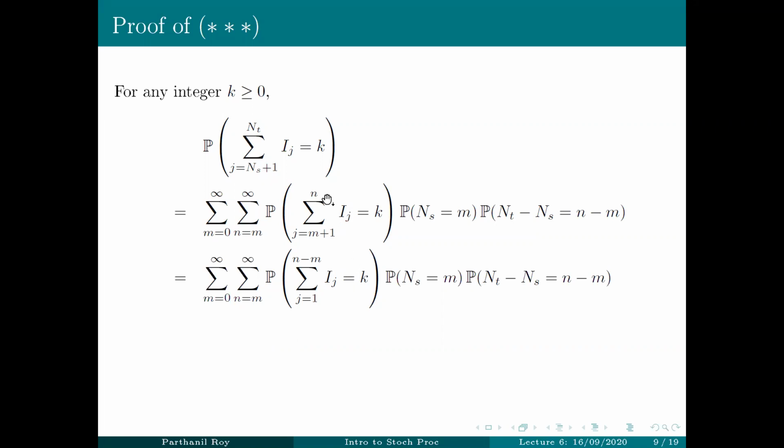They're not the same random variables, but they have the same distribution, because both are sums of n minus m many IID Bernoulli(p)'s. So in particular, these two probabilities are the same for every non-negative integer k. Okay? So therefore, I can replace this one by this.